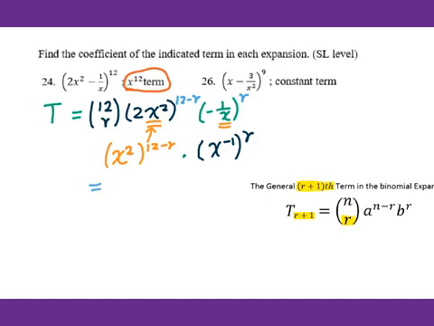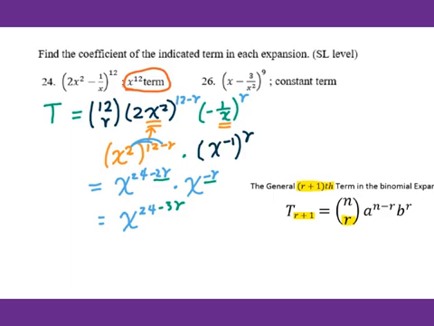So we get, this is a power multiplied. x is 24 minus 2r times x to the negative r's power. Multiplication of powers, we add exponents. So 24, combine like terms, negative 2r plus 1r, that's negative 3r.